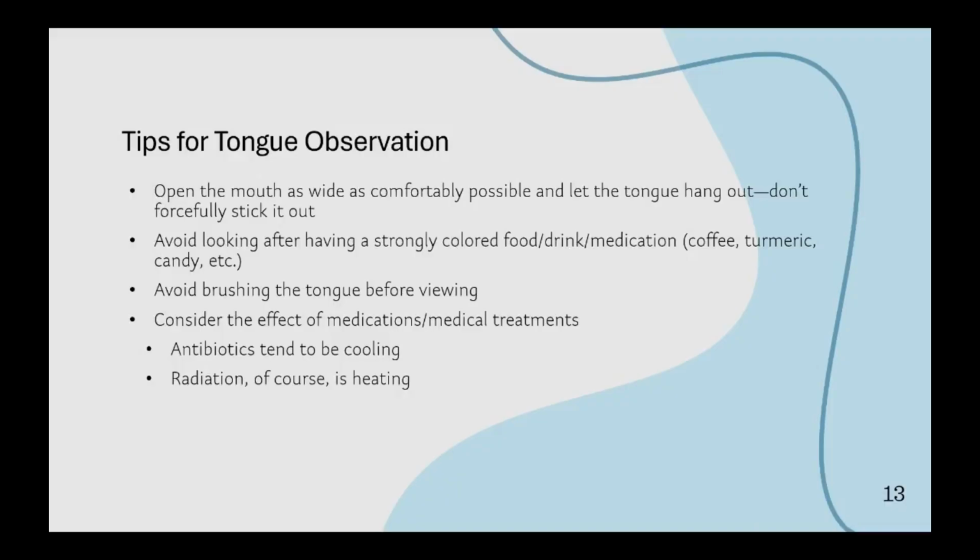So usually if you do see a coating that looks odd to you, doesn't look natural, you can ask the person if they've just had or eaten something, and they might have a swish of water to wash it away. But we typically tell people to avoid directly brushing the tongue before viewing, as that can actually brush off coating that's naturally there.